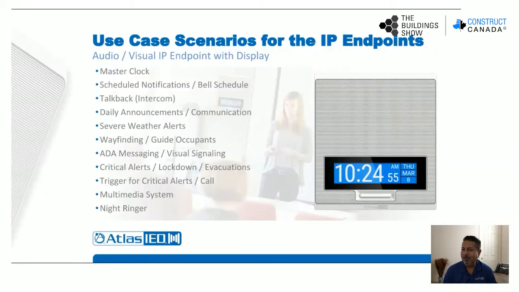In other markets, maybe in healthcare, schedulers can be used to make automated announcements when visiting hours are over. Maybe in manufacturing type environments, schedulers can be used to notify manufacturing that there's a shift change that's going to occur. So definitely a lot of different types of use cases for schedulers in this type of environment.